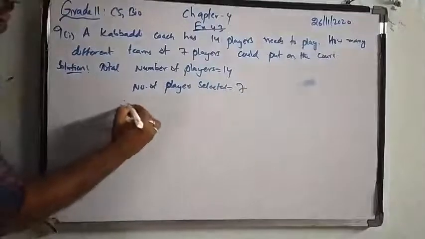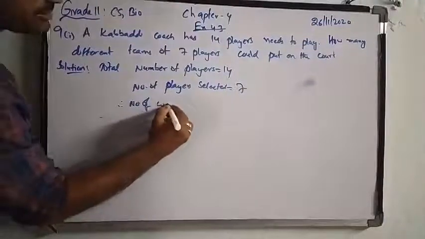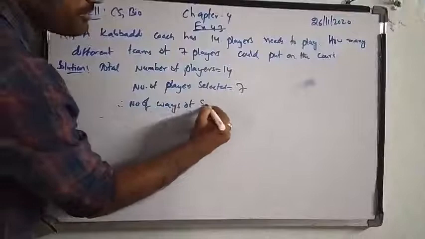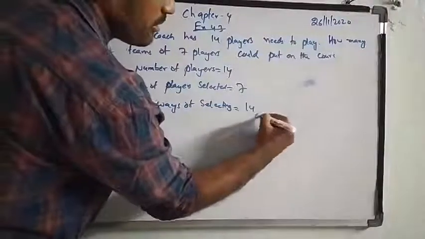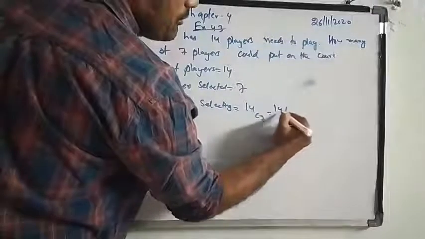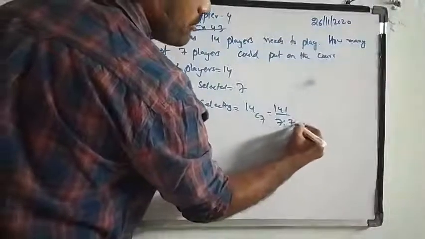Seven players we need to select. So the total number of ways of selecting is 14C7. So that is 14 factorial by 7 factorial into 7 factorial.